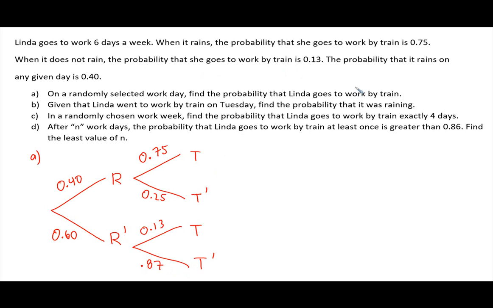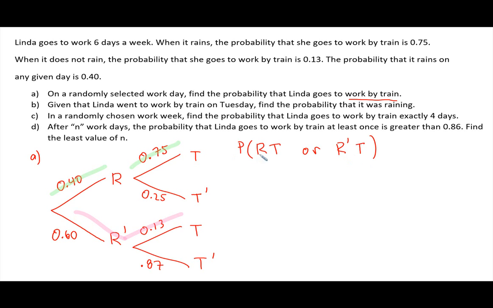Okay. Now we're trying to find part A here. Find the probability that Linda goes to work by train. First of all, you have to recognize that there's two ways for this to happen. She can go to work by train when it rains and then she uses the train, or when it doesn't rain and she still uses the train. So we're finding the probability when it rains and she uses the train, or when it does not rain and she's still using the train.